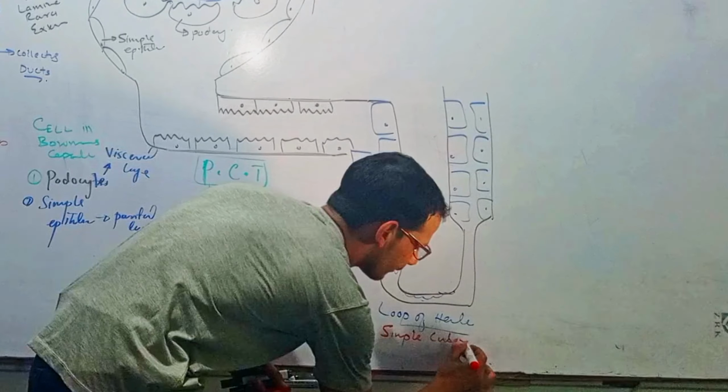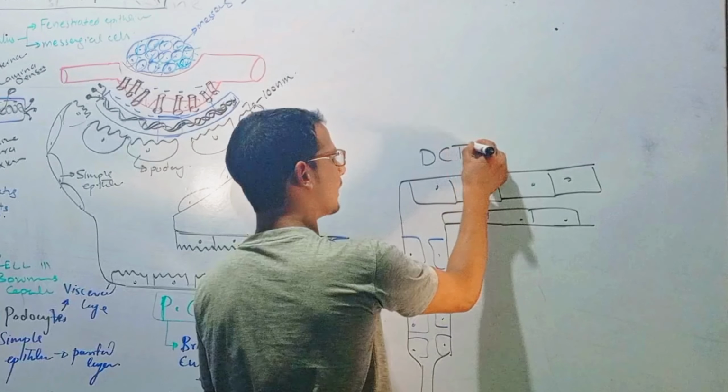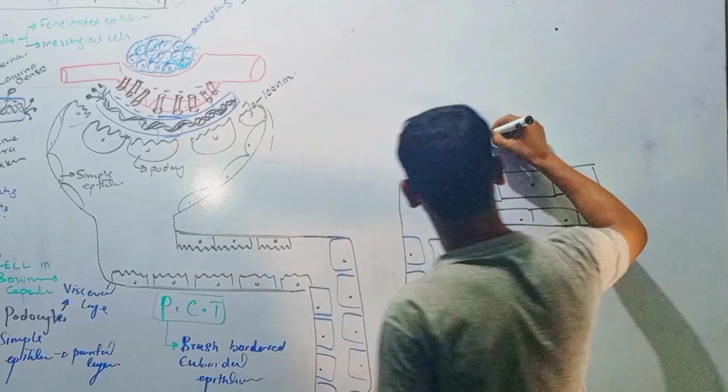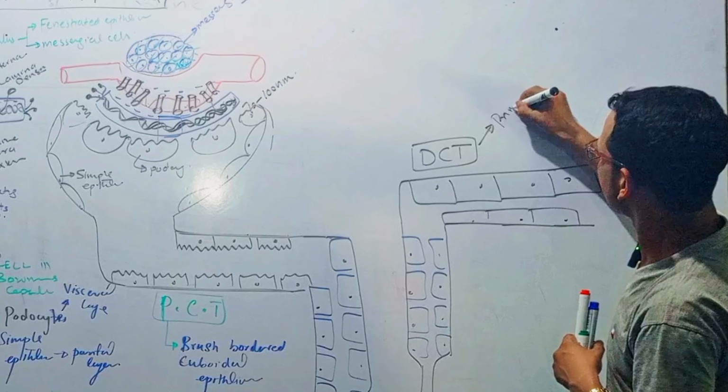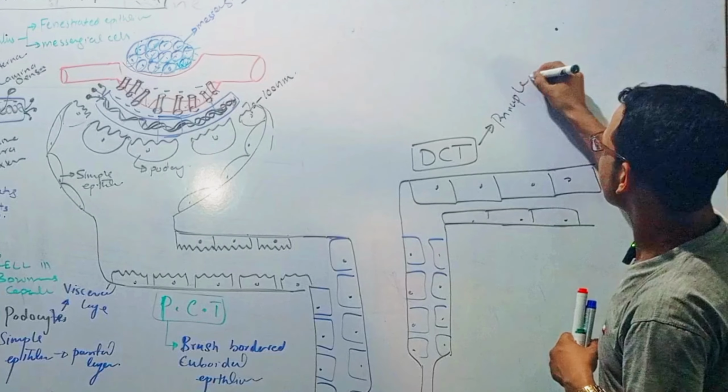The next part is distal convoluted tubule. The distal convoluted tubules have cuboidal like cells, but they are called principal cells. They also have some of the cuboidal epithelium and some intercalated cells, but basically they have principal cells.